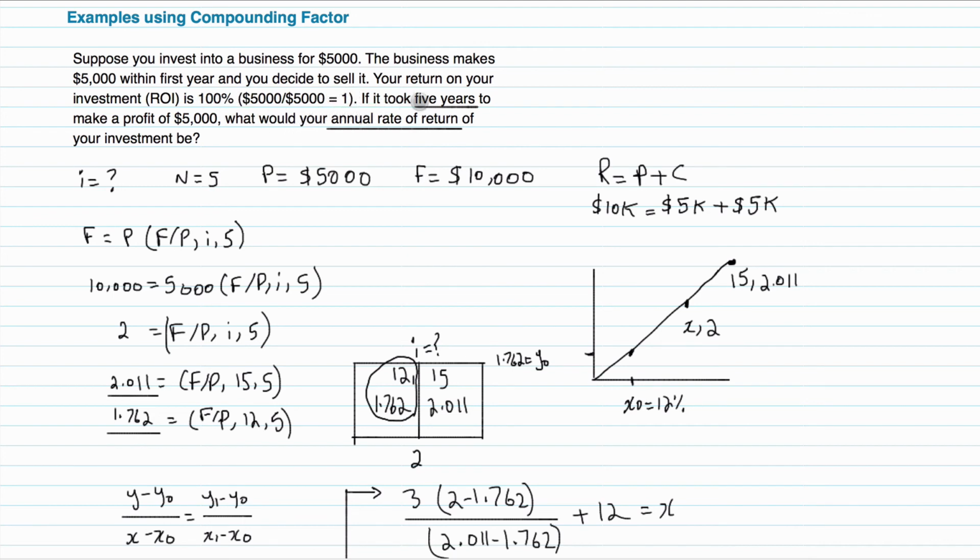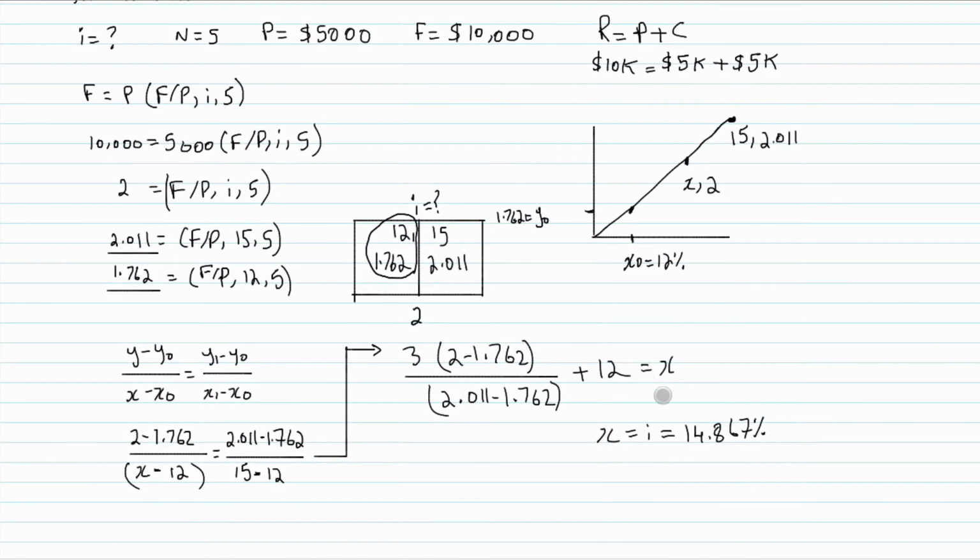But if it took 5 years to make a profit of $5,000, your return on investment per year is basically 14.867% rather than 100%. So that's how you use interpolation to find your interest rate at any point. And this is basically a very good method to know because you will repeatedly use this.